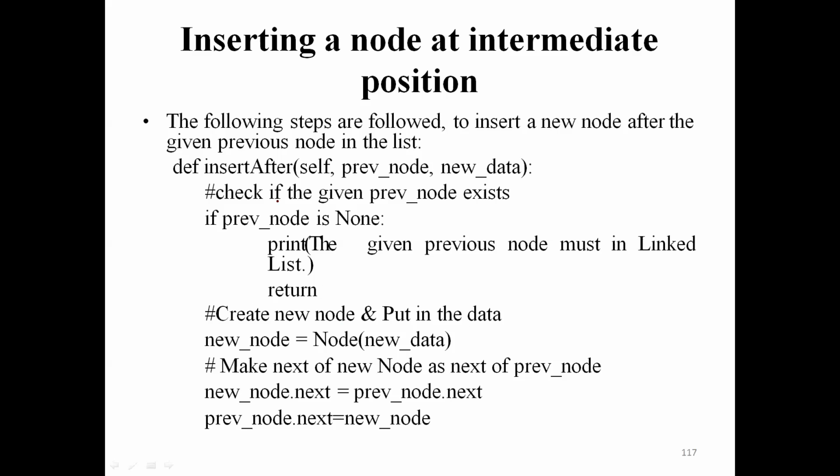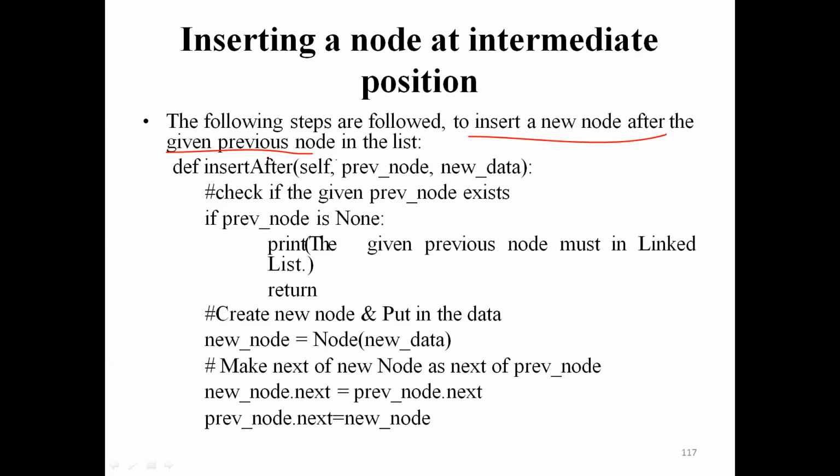So this is the algorithm part. I have another algorithm also, I'll explain that too. So what are the steps to be followed when you are inserting a node at the intermediate position? This is to insert a new node after the given previous node.